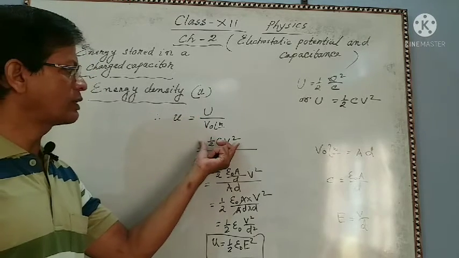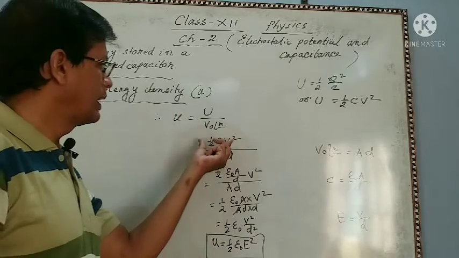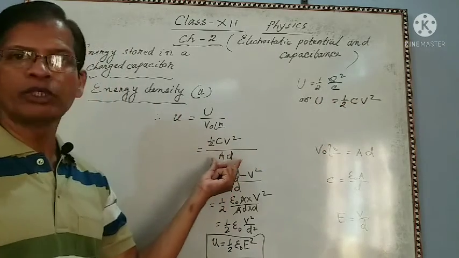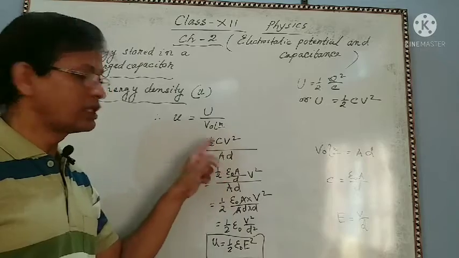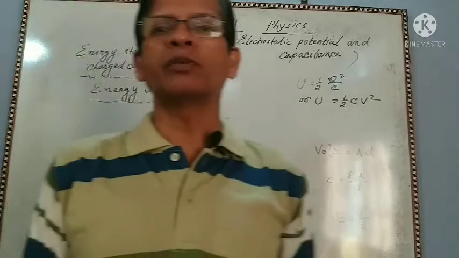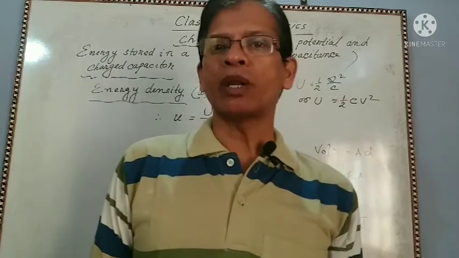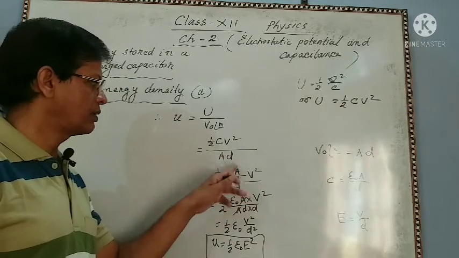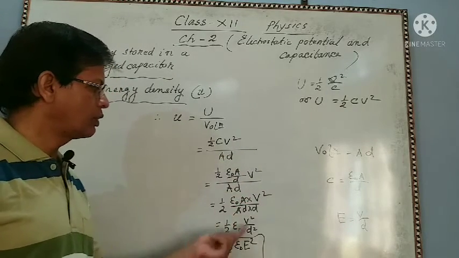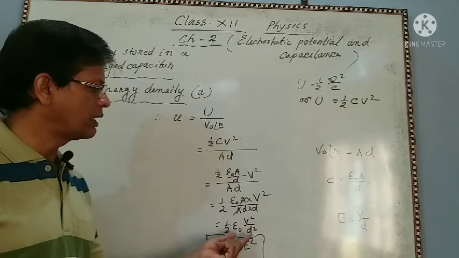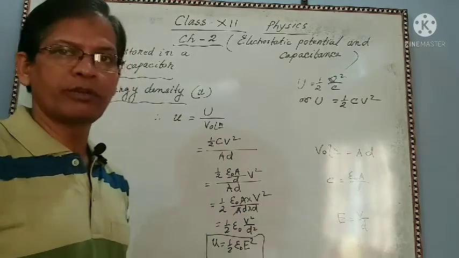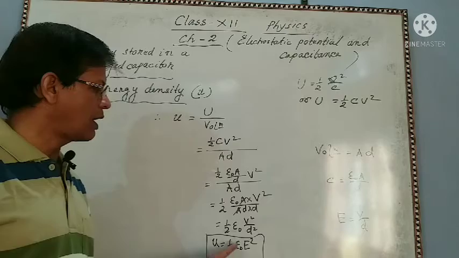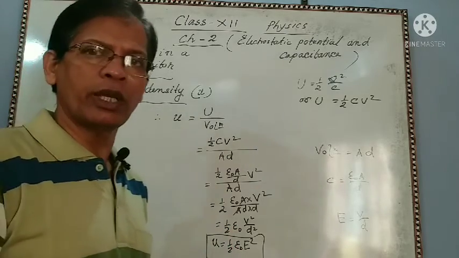Put the expression of energy, and the volume. The capacitance of a parallel plate capacitor is epsilon naught A by D, and if you simplify you will get this. Now V square by D square means E square. So u equal to half epsilon naught E square.